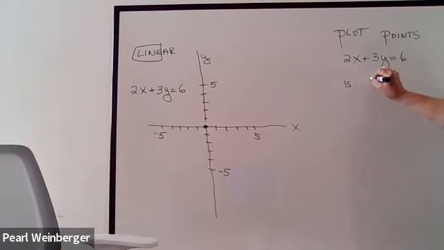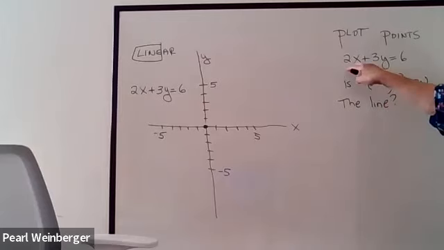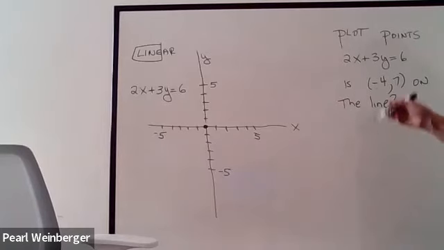Is -4, 7 on the line? How do we check? We take the -4 and replace the x with it, because the first number is the x coordinate. We take the 7 and replace it in the y. And we see if what comes out is a true statement.